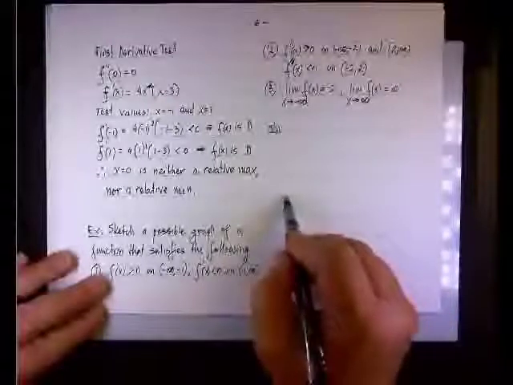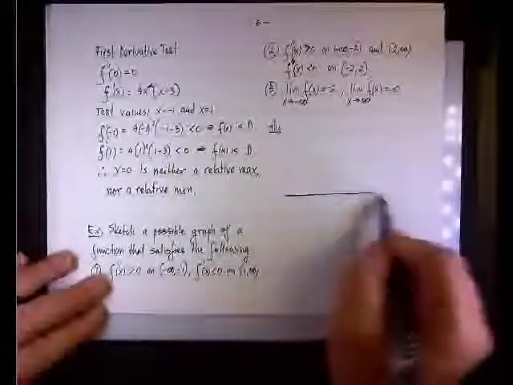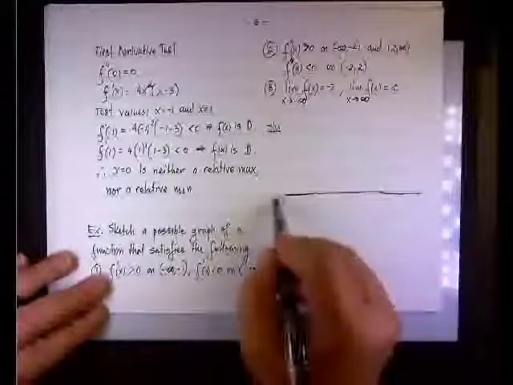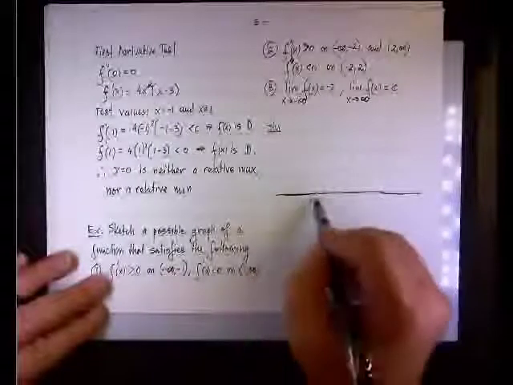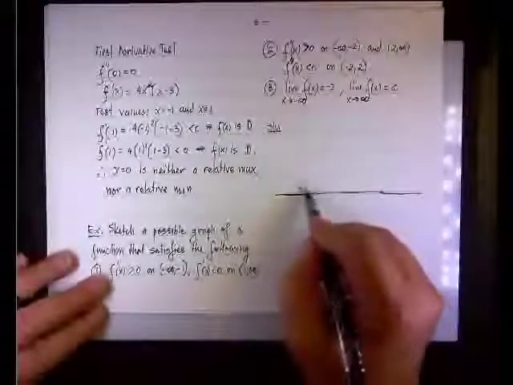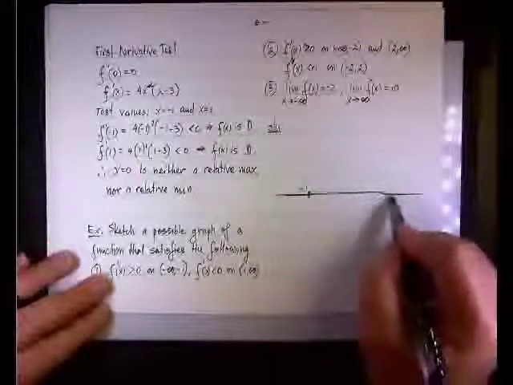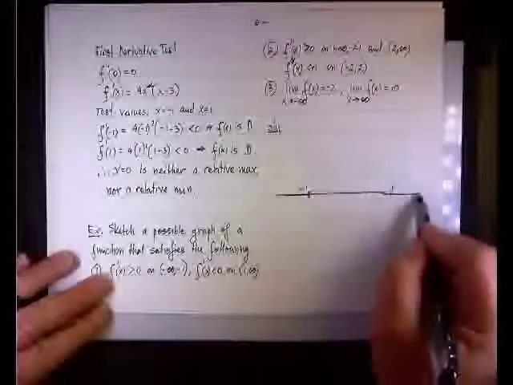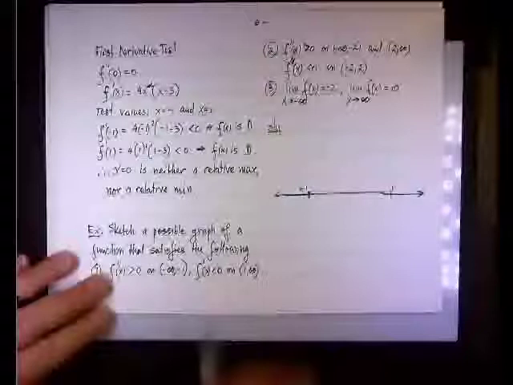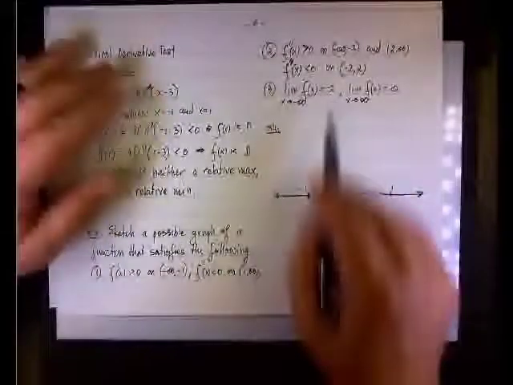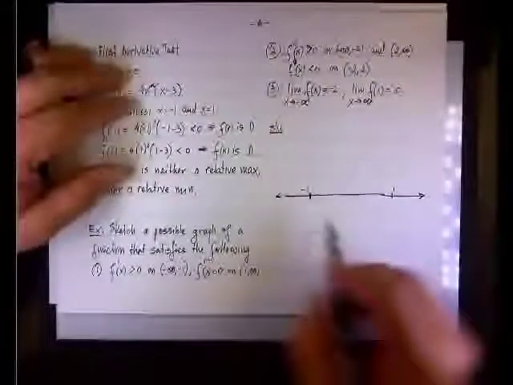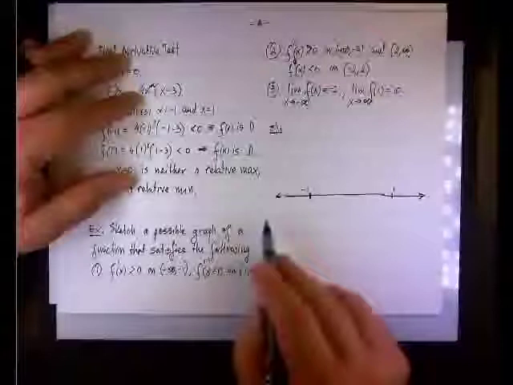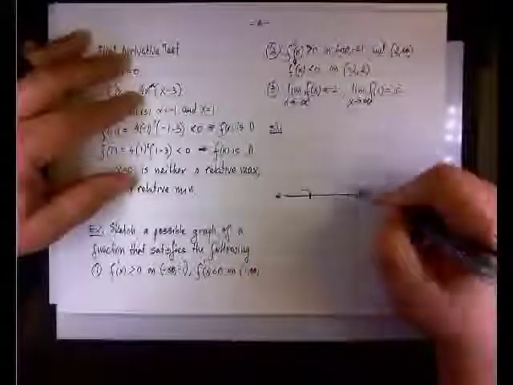Let's look at what happened between negative infinity and negative 1. Okay, so this is negative 1, and what happened between 1 and infinity. One thing I know, if I'm looking at the limit, so this is negative 1, this is 1, 0 will be right here.